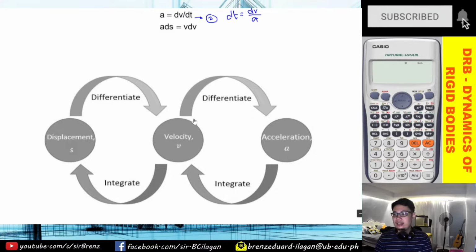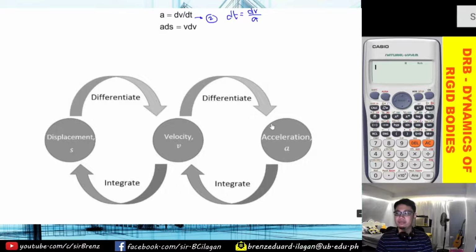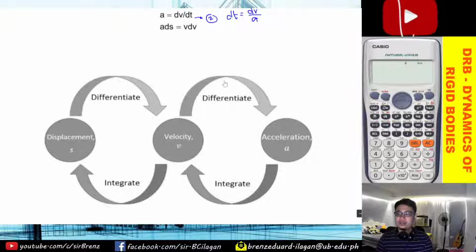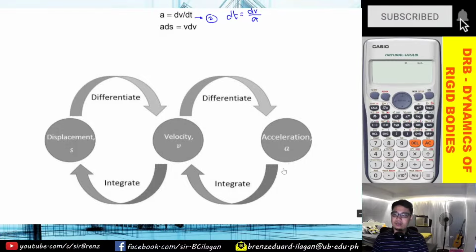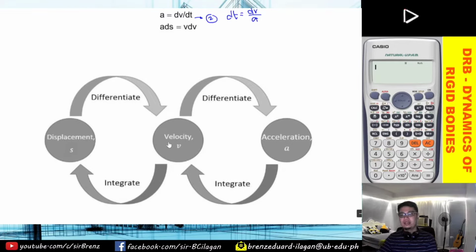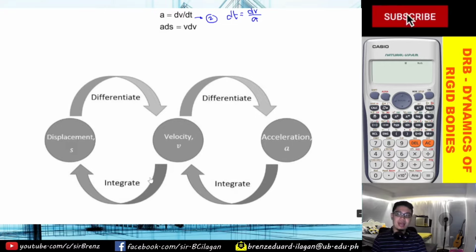And then, when it is a velocity and gusto mong makuha yung acceleration niya, so, i-differentiate mo siya. So, kabaligtaran lang, kapag yung acceleration ang given and gusto mong makuha yung velocity, so, mag-i-integrate. Okay? And same as for velocity. If you want to solve for the displacement, so, mag-i-integrate ka din.